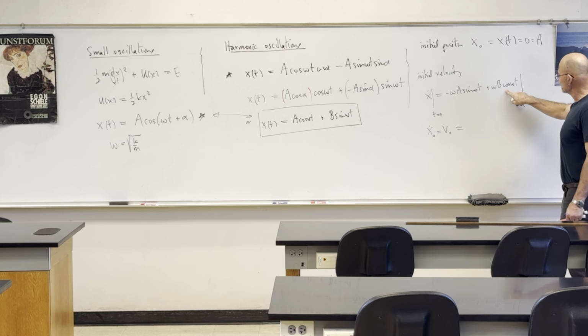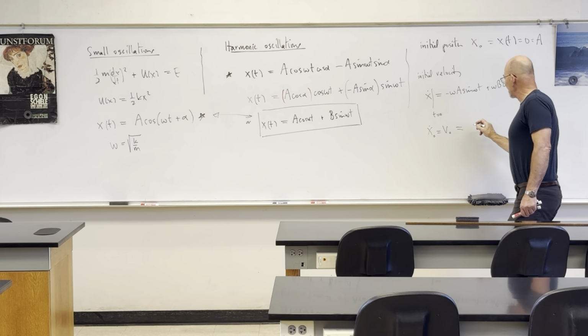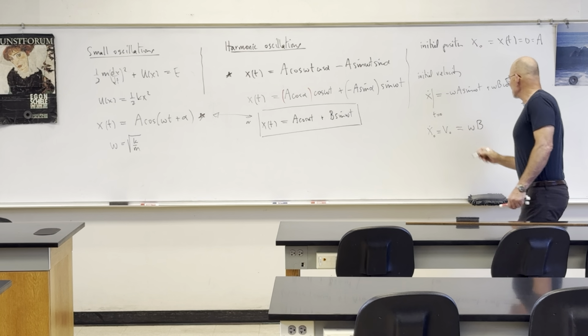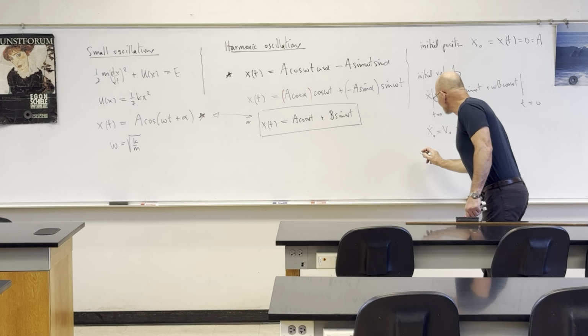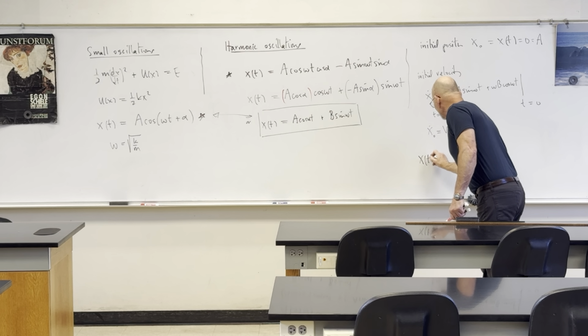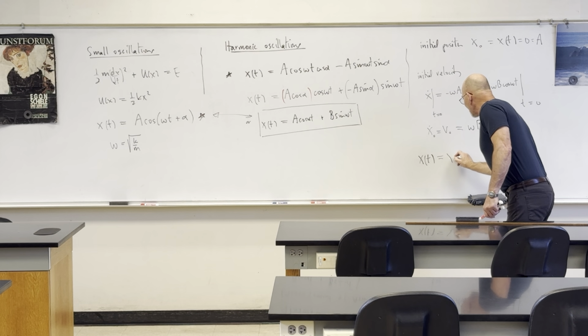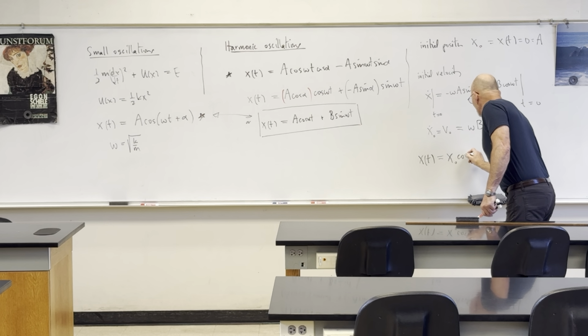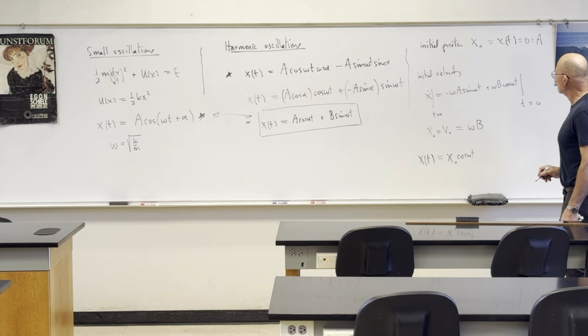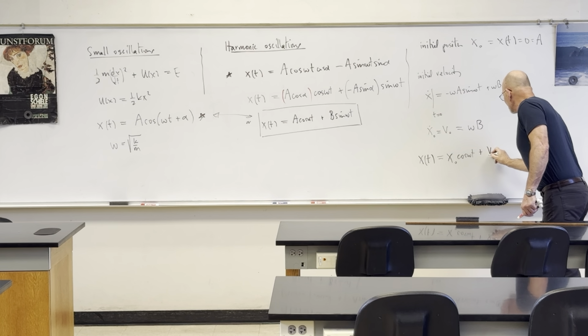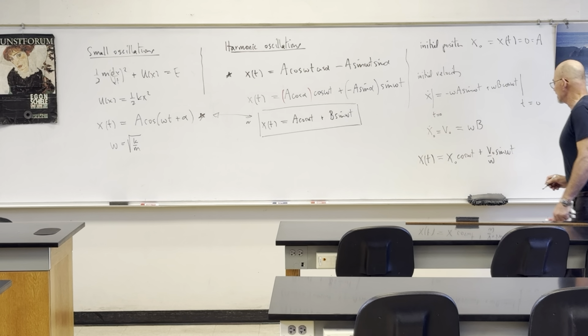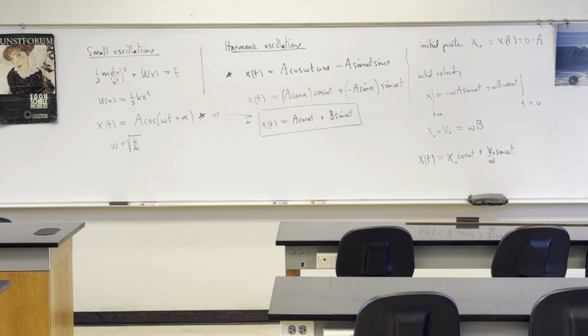This one's gone. We get omega times b. So we can make that substitution back in here, and we would have x of t equals x0 cos omega t plus v naught over omega sine omega t. So yeah, these are all equivalent forms.